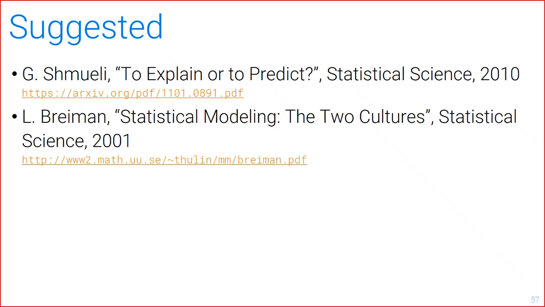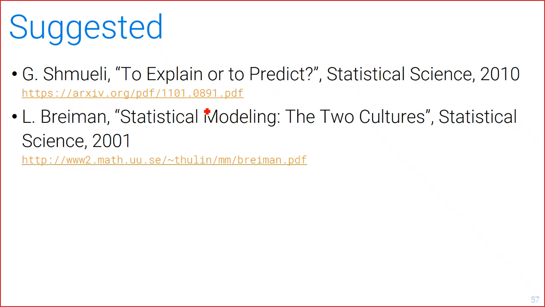As usual here, in the end, you have pointers for further research. I strongly suggest that you take a look at these two papers. One of them talks about the difference between explaining and predicting. So how is it different to build models for explaining data or for predicting in one specific problem? And the other one is about the two cultures of statistical modeling, one more leaning towards statistics and the other one more towards computer science.